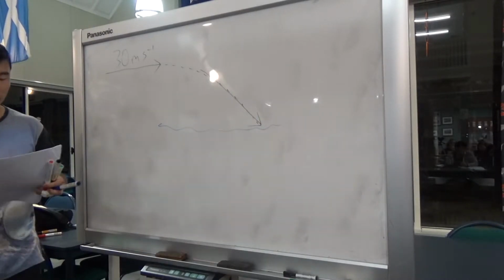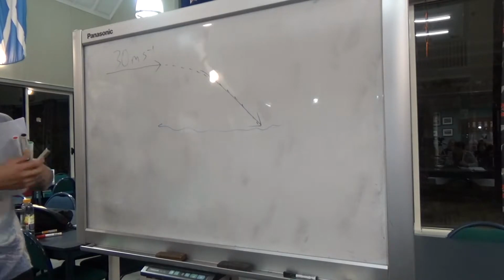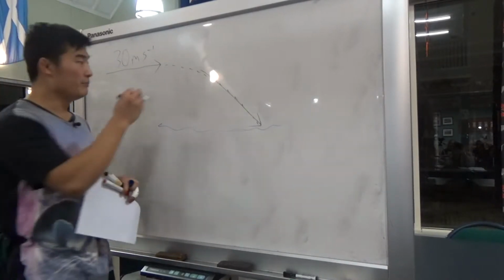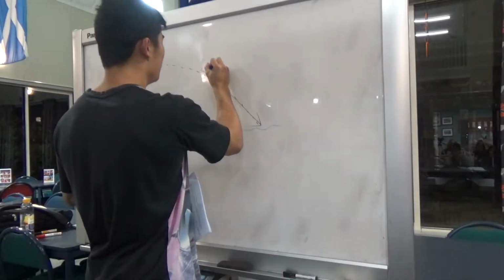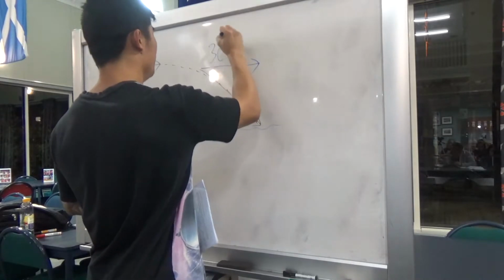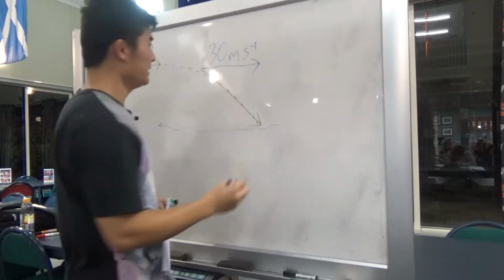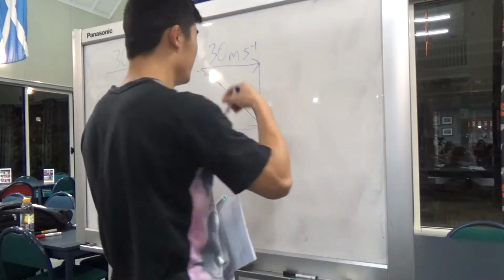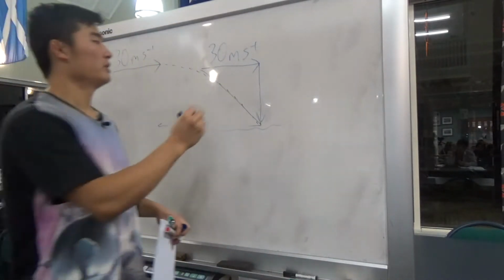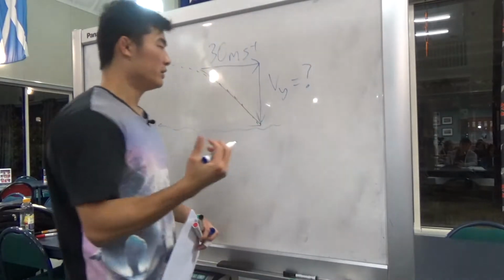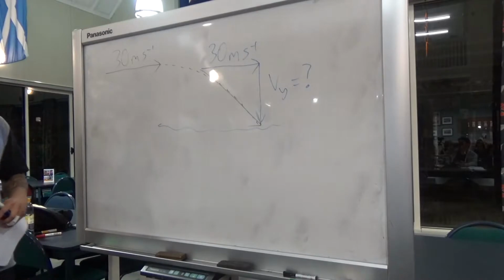Cool, so we know that there's no air resistance, so this horizontal component of the velocity will remain the same. So we know that the horizontal component will be equal to 30 meters per second. And now we need to find out what the vertical component, Vy, of this velocity will be.